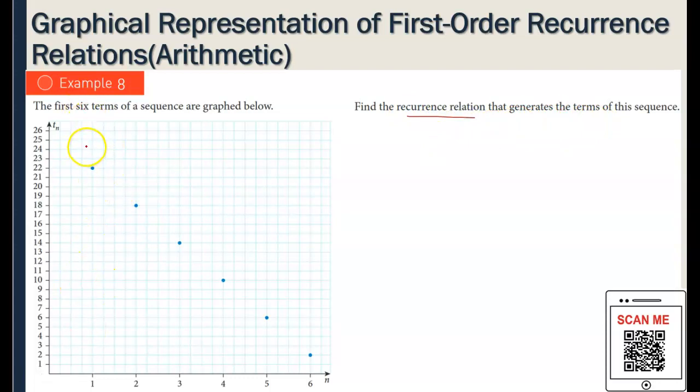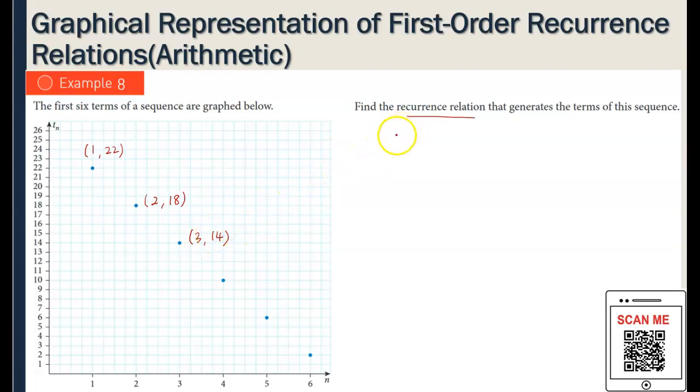I'll write the coordinates here: x is 1, the y value is 22. The second is 2, with y equal to 18. The third one is 3 versus 14.